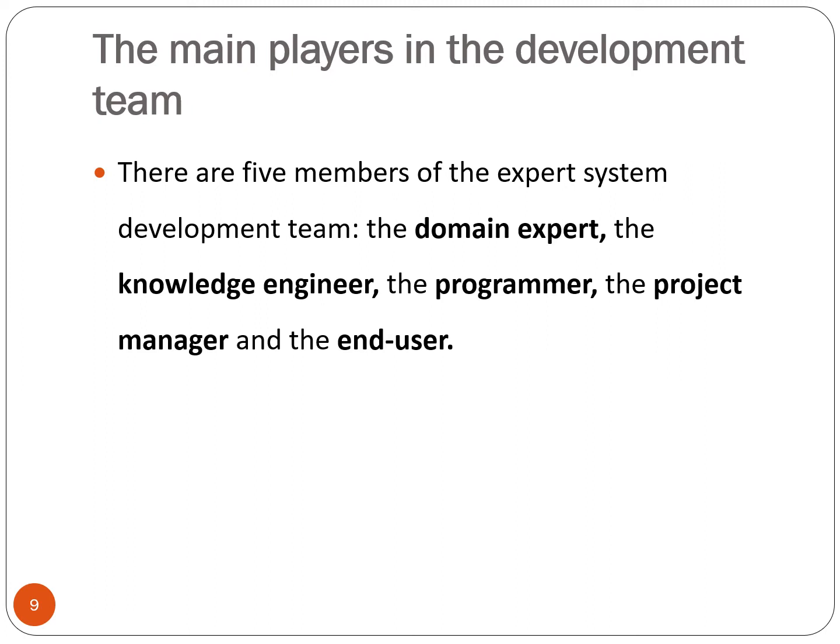The first one is the domain expert, the second is the knowledge engineer, the third is the programmer, and the fourth is the manager and the end user. So in total actually 5: the programmer, project manager and end user.